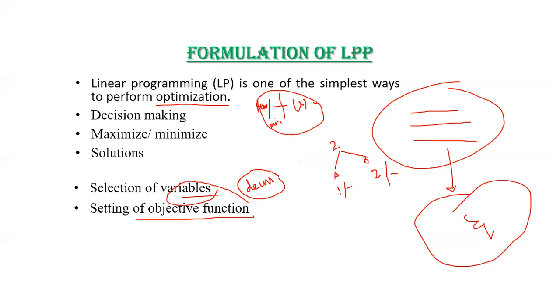Therefore, there are certain constraints on A and B, because these two are manufactured with the help of 3 machines, 4 technical persons, and 2 types of raw materials. Using 2 types of raw materials, you are getting 2 products. By processing on 3 machines, you are getting 2 products. So you cannot avoid one product.